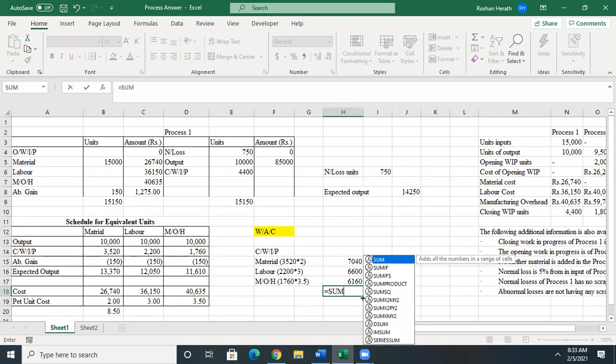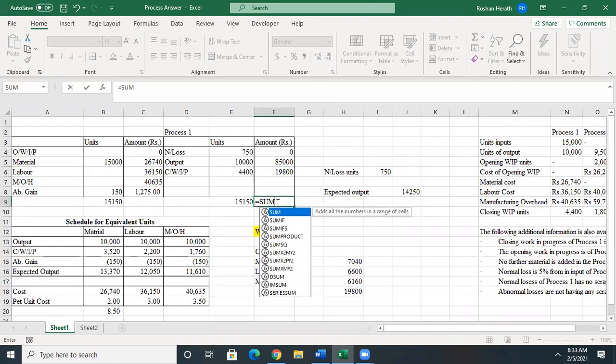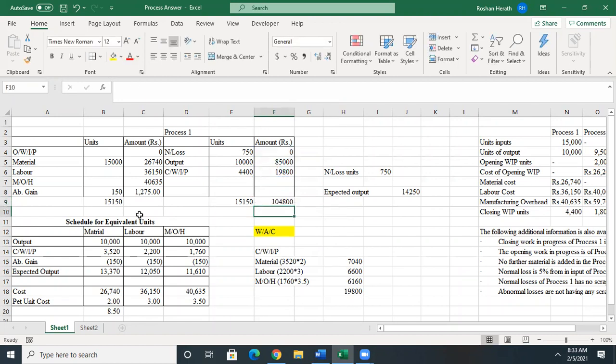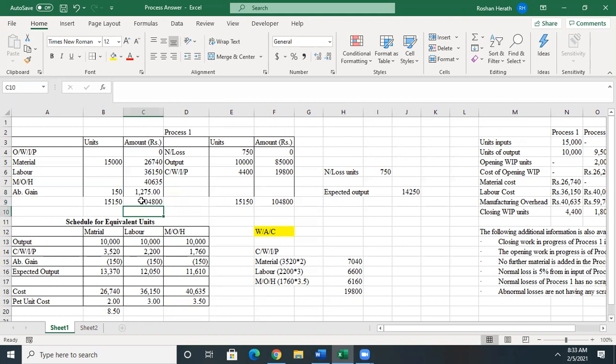Take that valuation, 19,800. That is your closing WIP. Take the summation. Right, you can see that it agrees. That's it. 104,800.